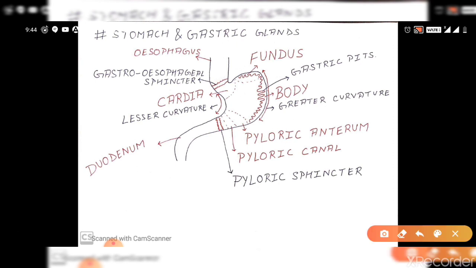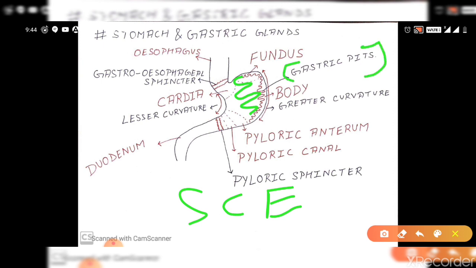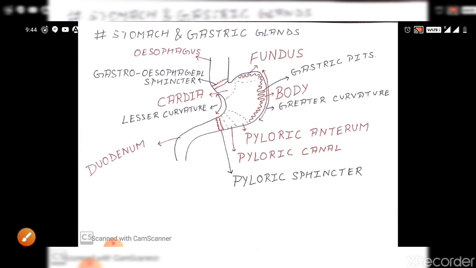The mucosa of the stomach is lined by simple columnar epithelium. This invaginates, as you can see like this, to form gastric pits. Gastric pits contain different types of cells which secrete different types of enzymes that constitute the gastric juice.